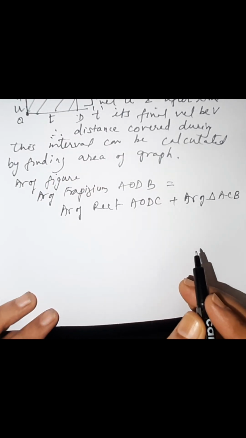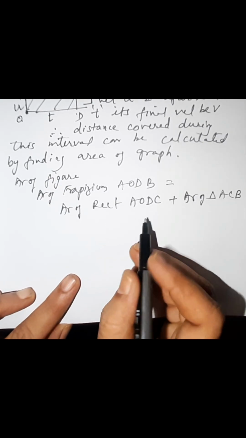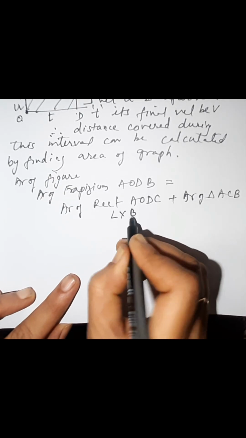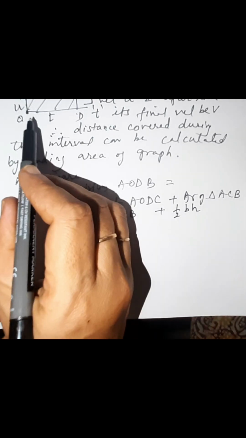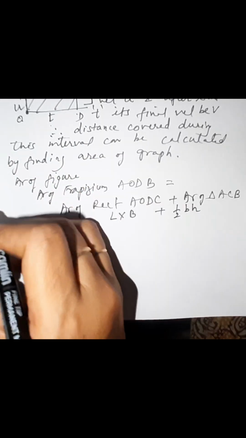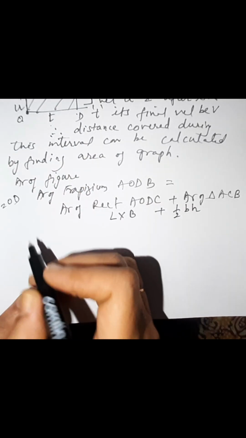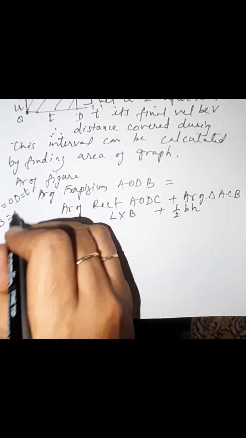As usual, the regular formulas which we are using, the same we are going to apply. Area of rectangle is length into breadth, and area of triangle is half base into height. From this figure, length is OD, which is equal to t, and breadth is u.